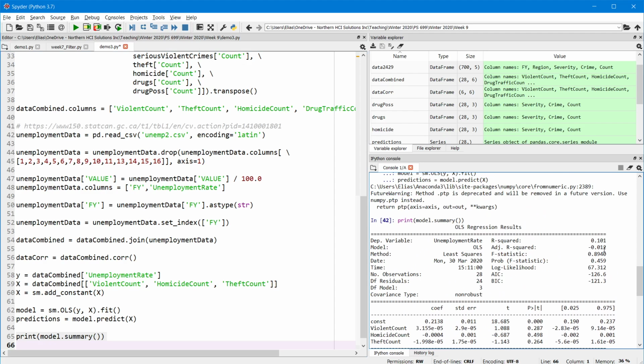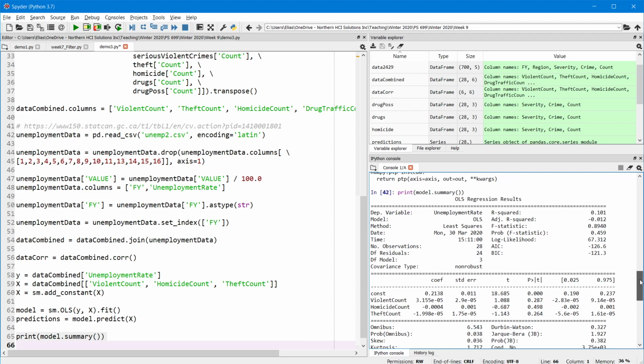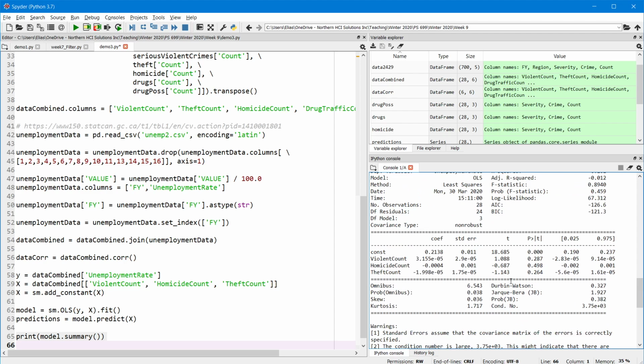Check this out. We have a negative adjusted R-squared, which means that our violent crime count, our homicide count, and our theft count not only explain none of the variability in our model, but explain the variability worse than chance. So should we use this regression model? Absolutely not.